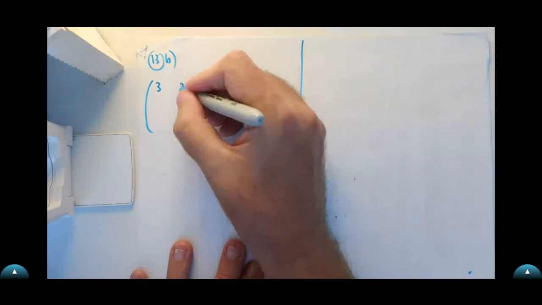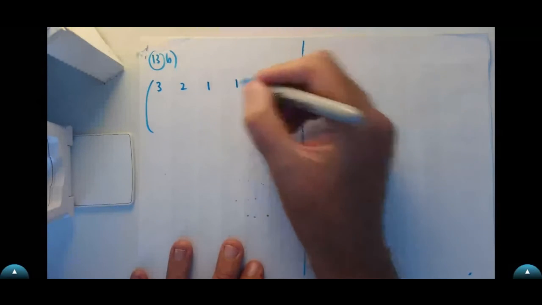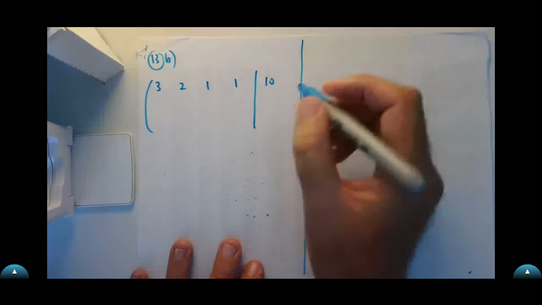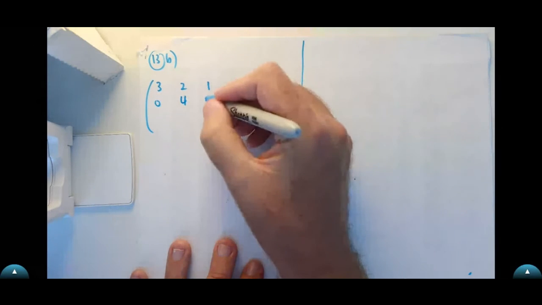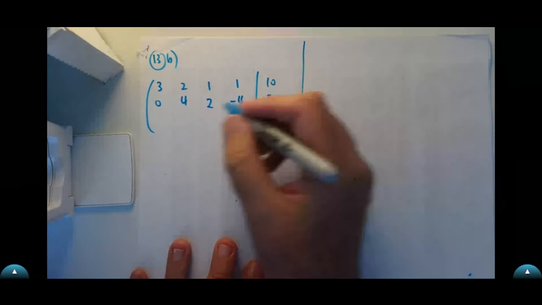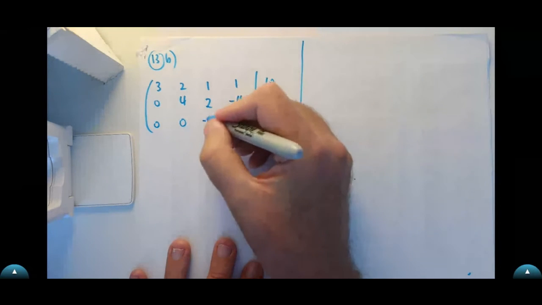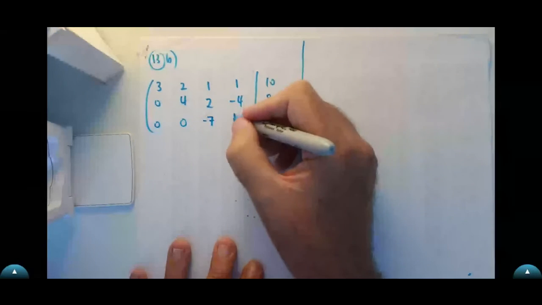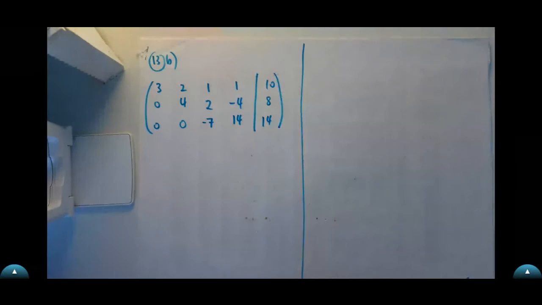You take the coefficients and you write them down as a matrix. And you get something like this.